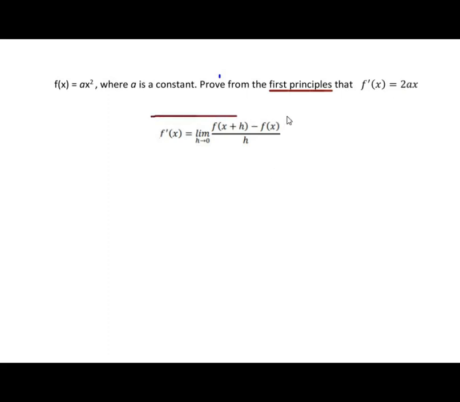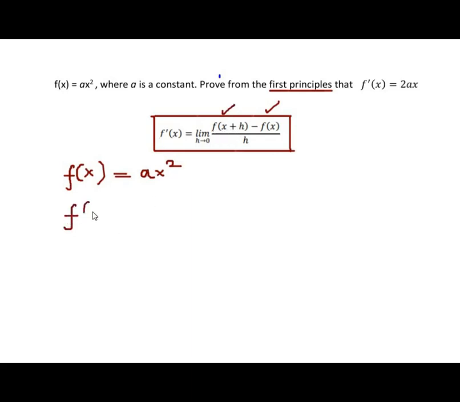As we know, this is the formula for the first principles. Again, f of x is already given to us, so let us write it down. F of x is equal to ax square. So f of x is got. Next thing we need to find f of x plus h.